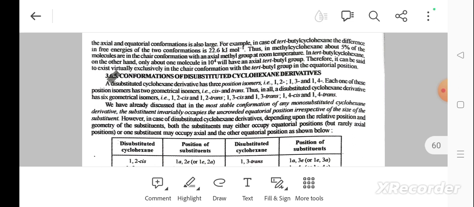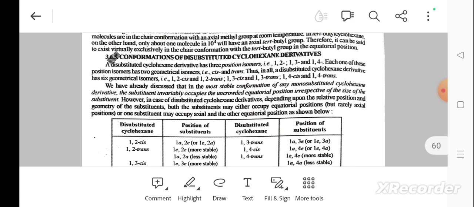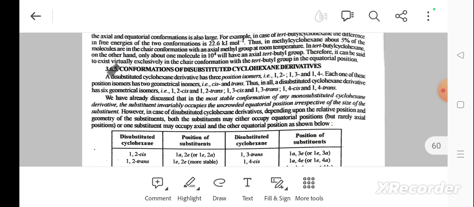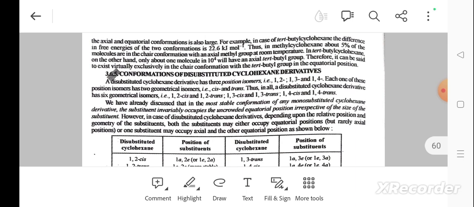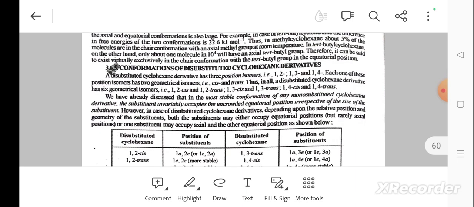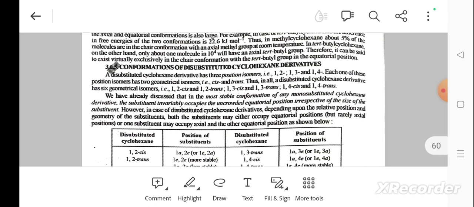Thus, in methylcyclohexane, about 5% of the molecules are in the chair configuration with an axial methyl group at room temperature. In tert-butylcyclohexane, on the other hand, only about one molecule in 10 to the power 4 has an axial tert-butyl group, and it can therefore be said to exist virtually exclusively in the configuration with the tert-butyl group in the equatorial position.